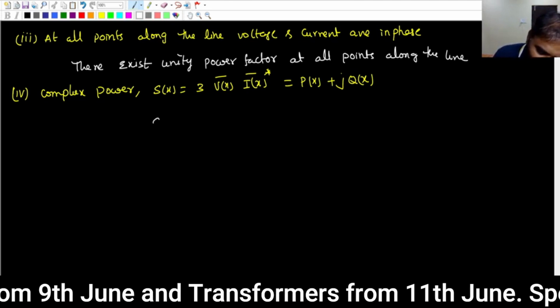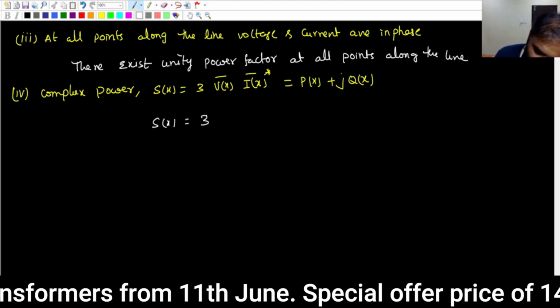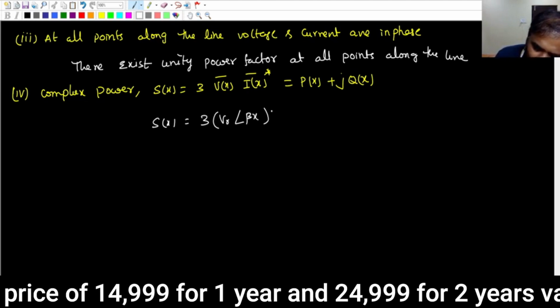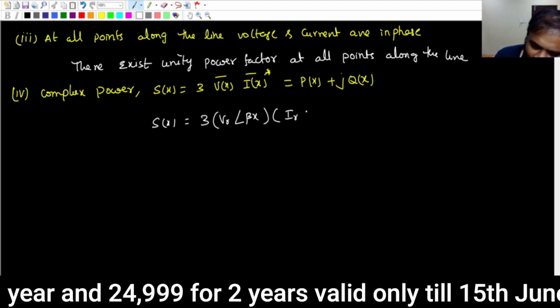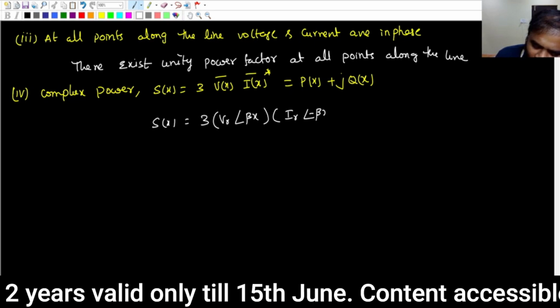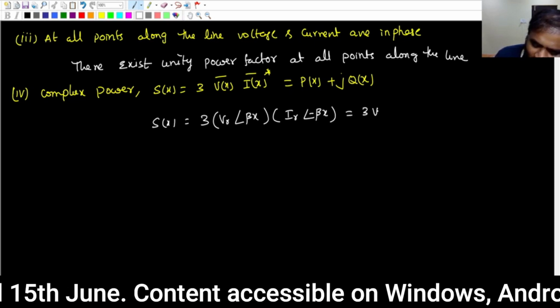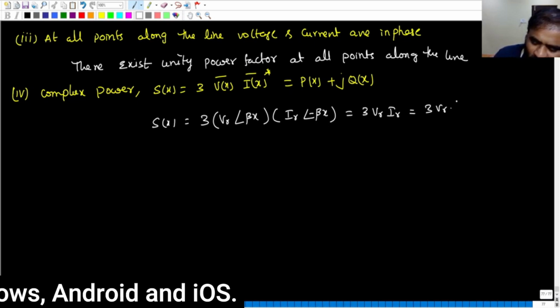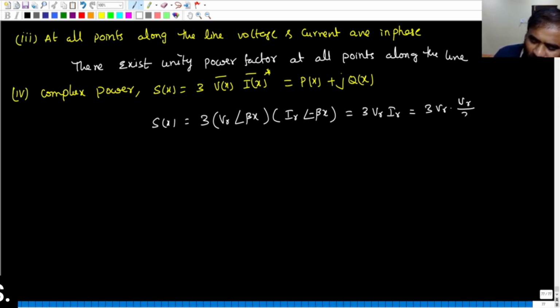Now let's calculate what I get. S of x: 3 into V of x means we are at an angle beta x, I of x is at an angle minus beta x. Now what I get? Again 3 into VR into IR, which is VR by ZS.